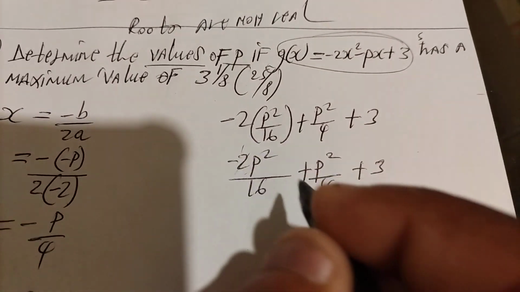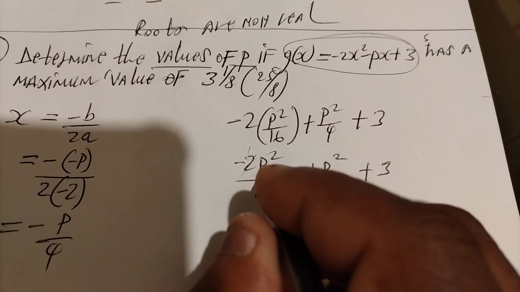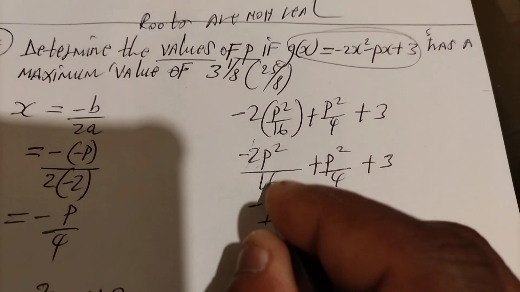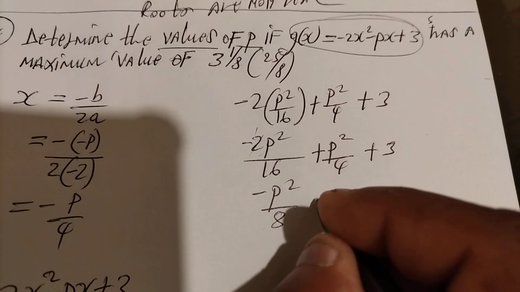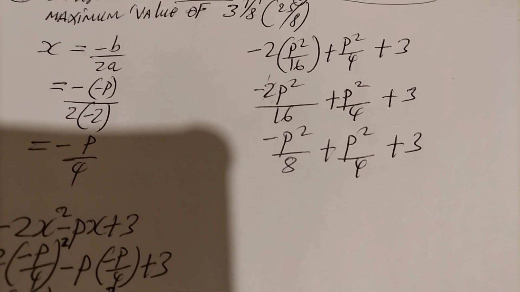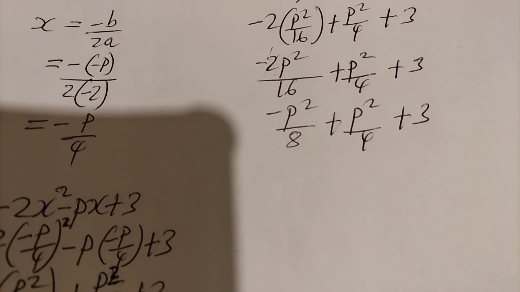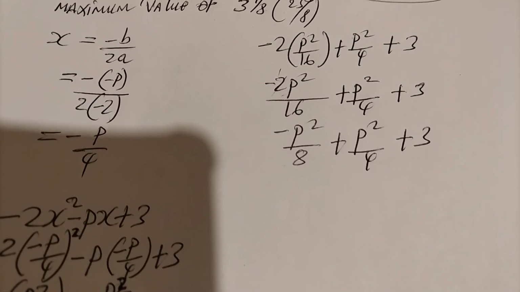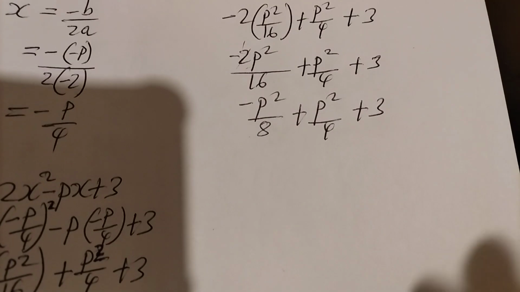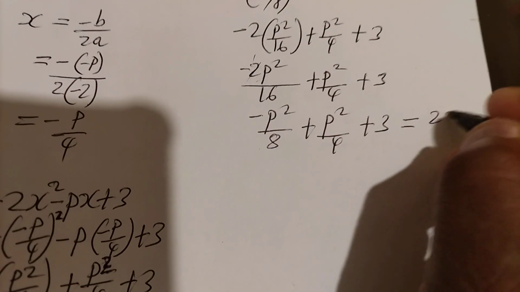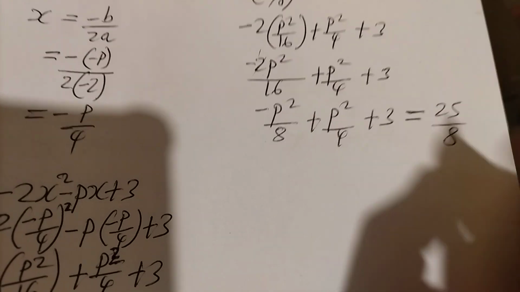Obviously 2 into 2 goes once, so that will give us a negative p² over 8, plus p²/4, then plus 3. We can then utilize the LCD for this, or we can now introduce our maximum. So we can equate this to 25/8, which was given, by the way.